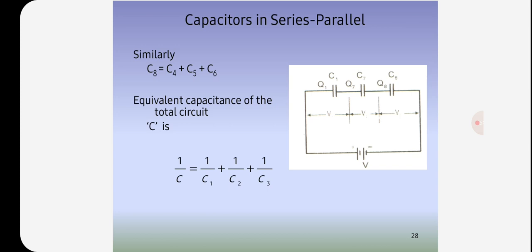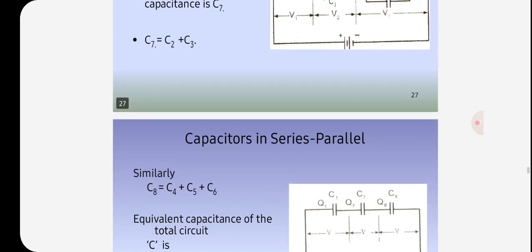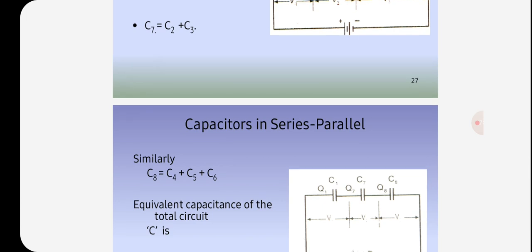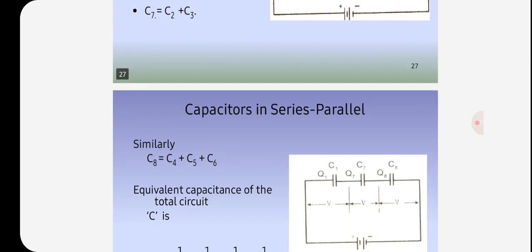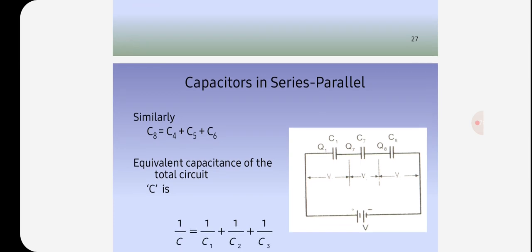The equivalent capacitance of the total circuit C is 1 by C is equal to 1 by C1 plus 1 by C7 plus 1 by C8. In the diagram, the first capacitance is C1, the second is the two parallel capacitances C2 and C3, that is C7, and the third is the combination of C4, C5, C6, that is C8, and the voltages will be individually V1, V2, V3.